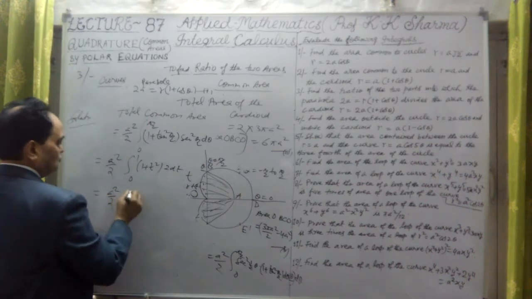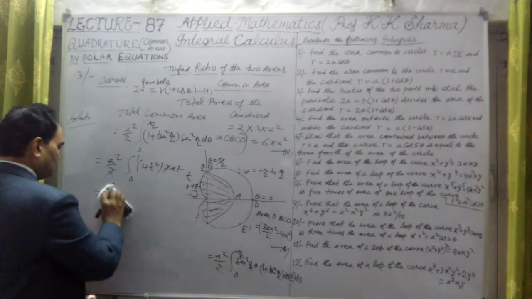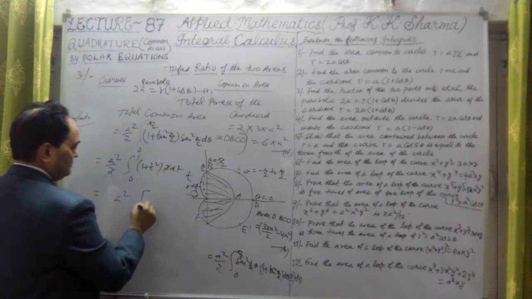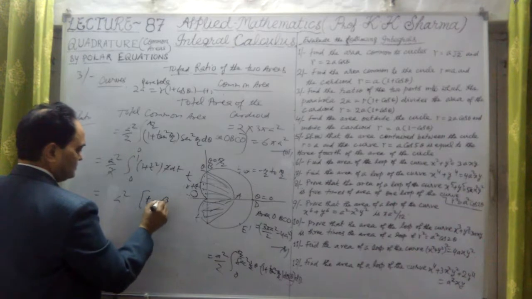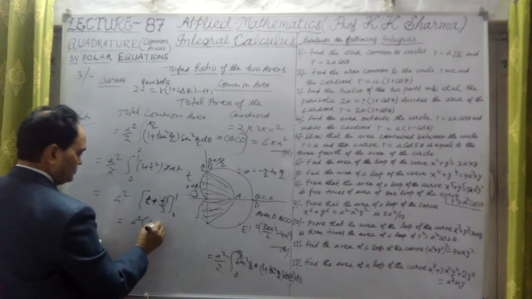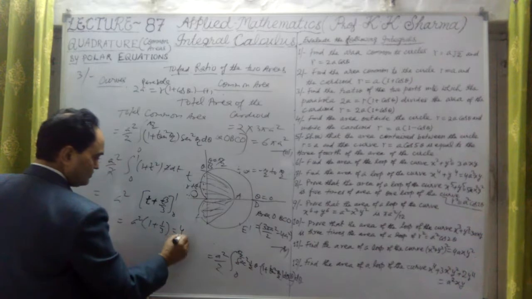The 2 cancels out, so this is only a squared, and the integration is t plus t cubed upon 3, limits 0 to 1. It is nothing but a squared into (1 plus 1 upon 3), that means 4 by 3 a squared.